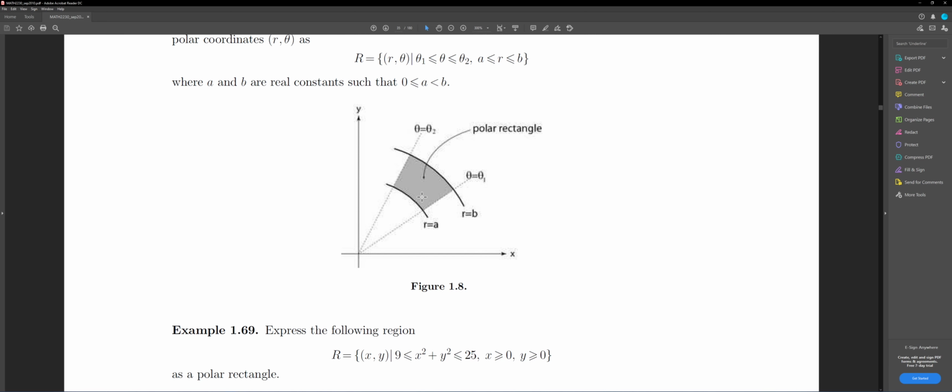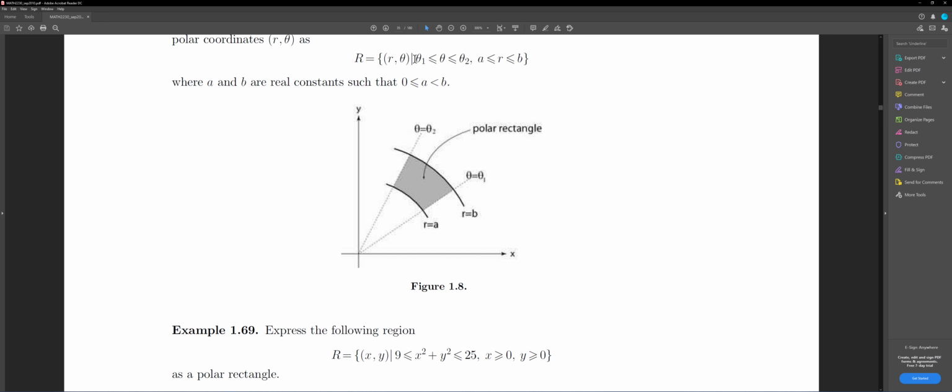So for a point like this over here, the theta value is bigger than theta 1, but it's less than theta 2. So this means that you're actually in a wedge between your lines theta is equal to theta 1 and theta is equal to theta 2, right?